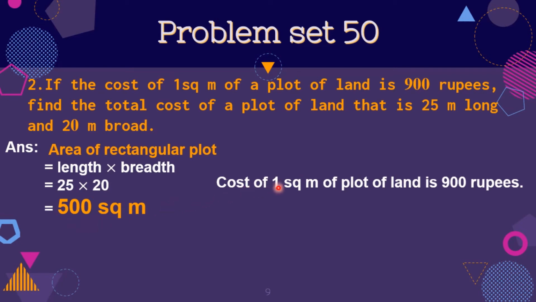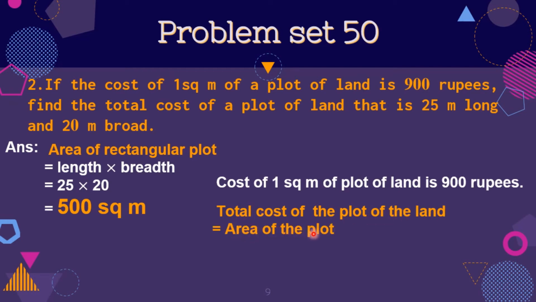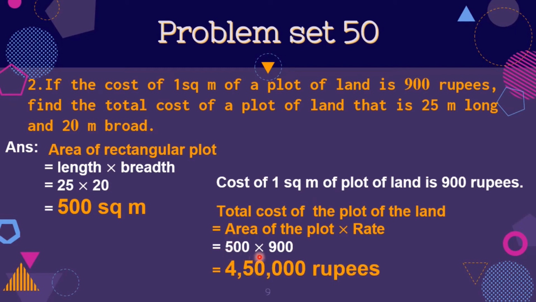So we write total cost of the plot is equal to the area of the plot into the rate, that is the cost of 1 square meter of plot, which is equal to 500 into 900, which is equal to 4,50,000 rupees. So this is the total cost of the given plot of the land.